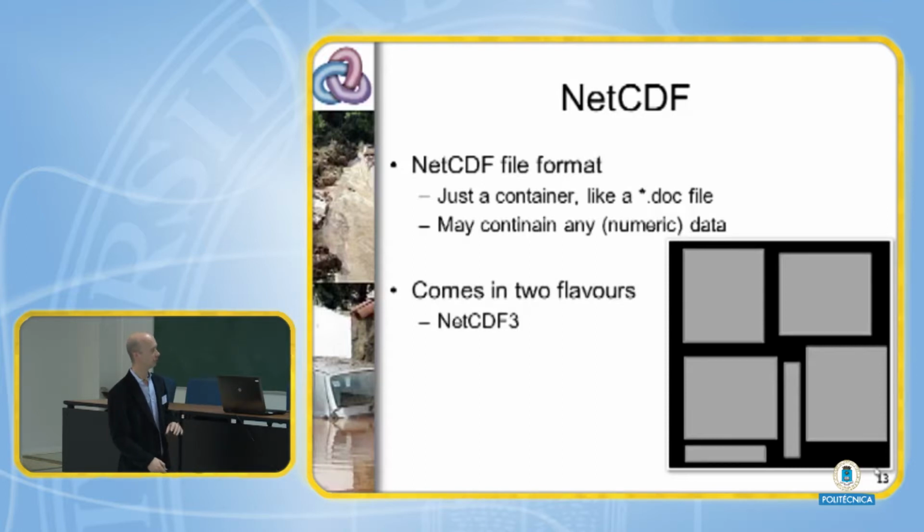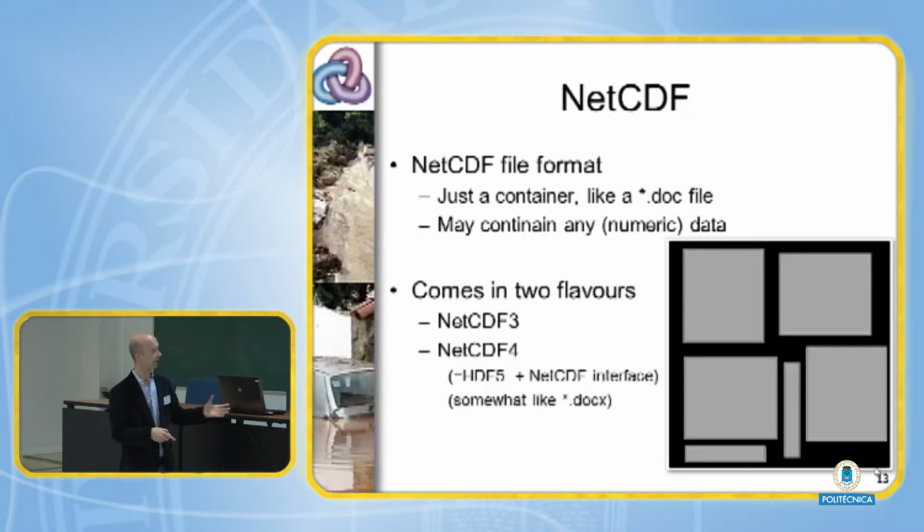NetCDF comes in basically two main flavors. NetCDF 3, then it's really a file format, like the Word doc file format, and the NetCDF 4 file. Well, it's not a file format, it's actually the HDF5 file format extended with a NetCDF layer on top of it, with an access layer.